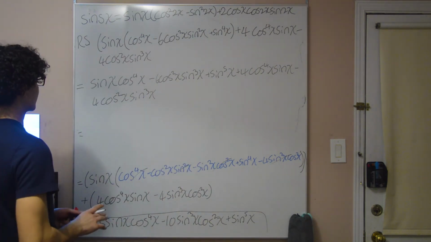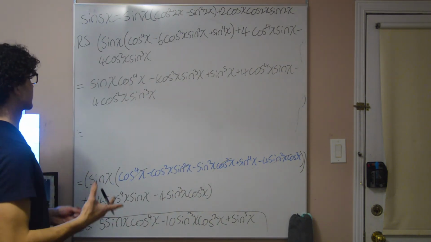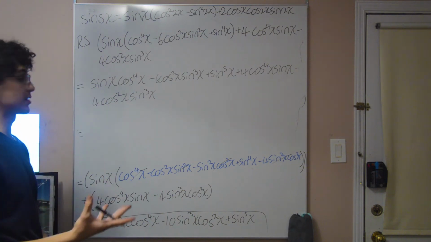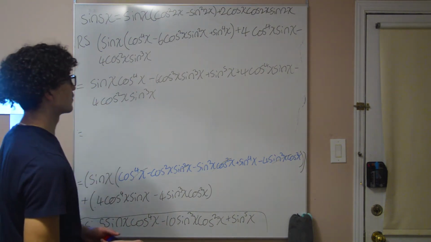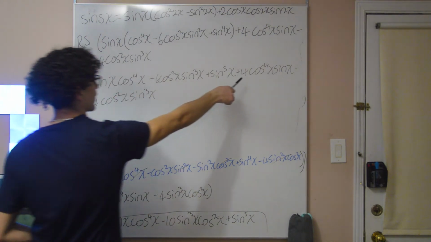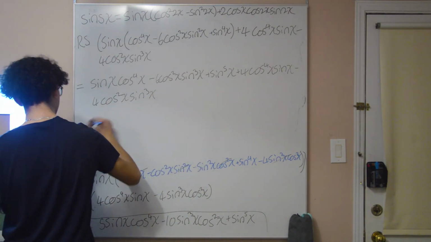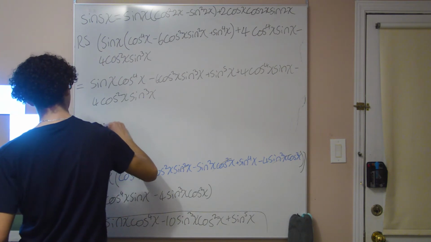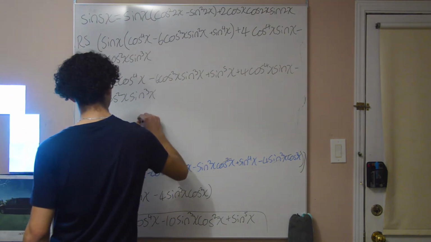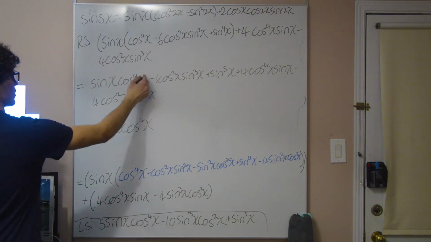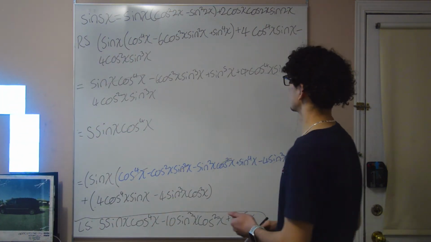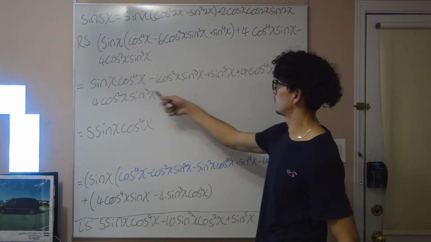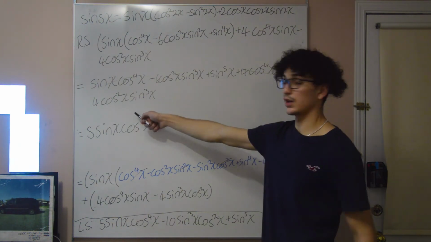Just like that. And now finally, our final step is to look at this, and once again, we're going to collect like terms. So sine x cos 4x can be added to that, so that can become 5 sine x cos 4x, just like that. We have 6 cos squared sine to the 3, negative 6, and we have negative 4.